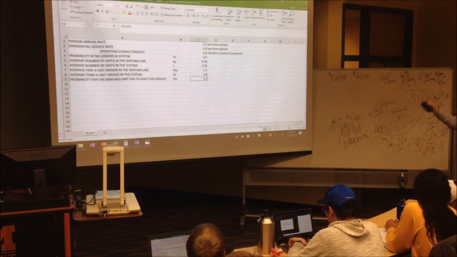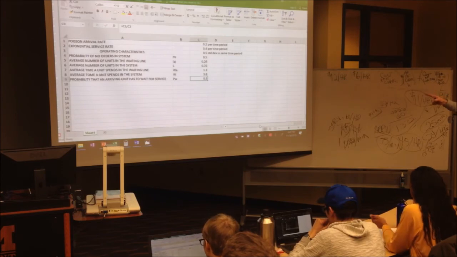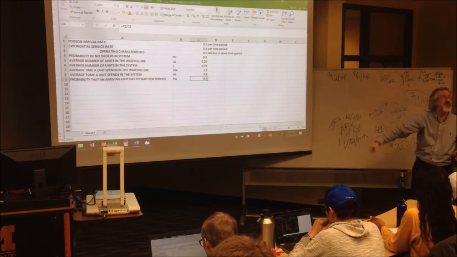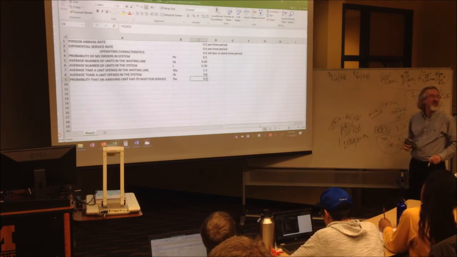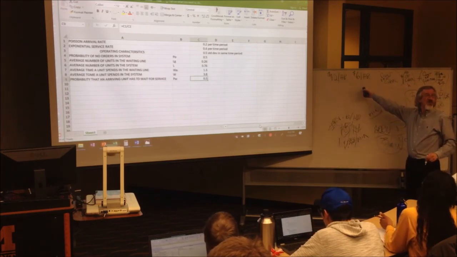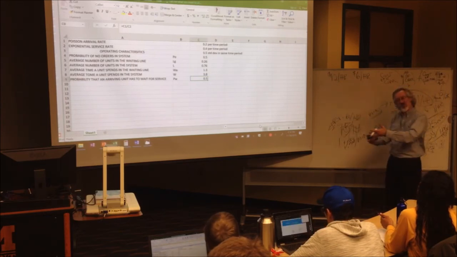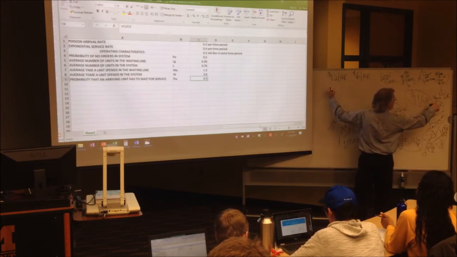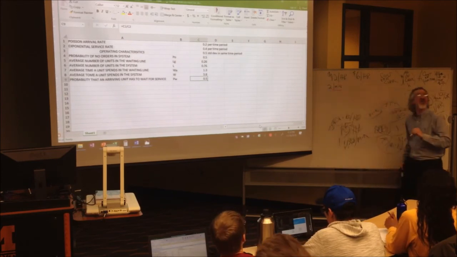But that L is 0.76 average number of customers in the system per minute, because the arrivals are per minute and the service is per minute. So that L has to do with minutes. But this is an hour. Either you have to convert those to hours or convert this to minutes. So take 12 and divide by 60 so I can figure out how much the cost for this channel is per minute. 12 divided by 60 is 0.20, 20 cents per minute is our cost per channel now.